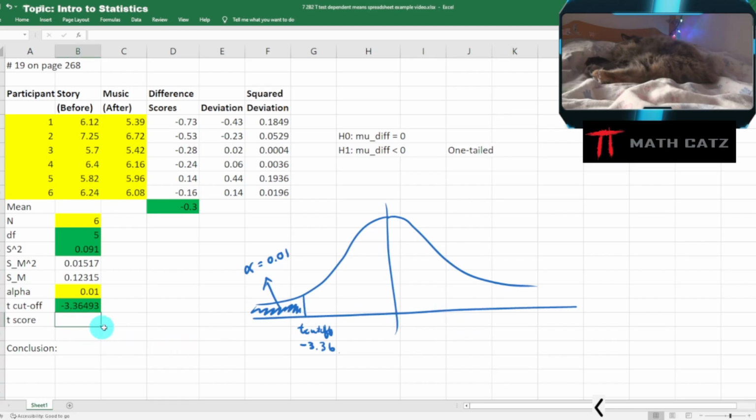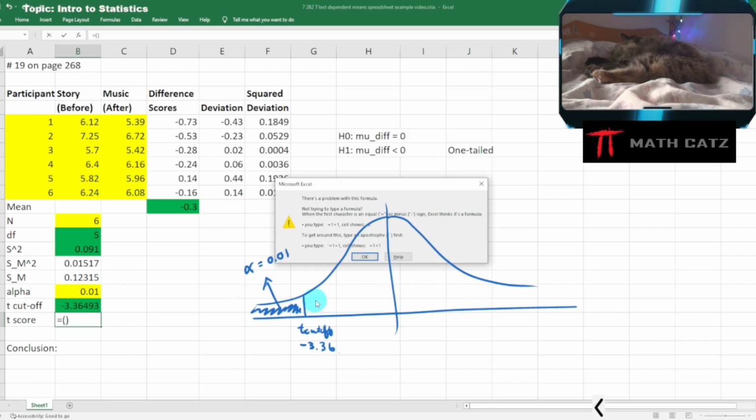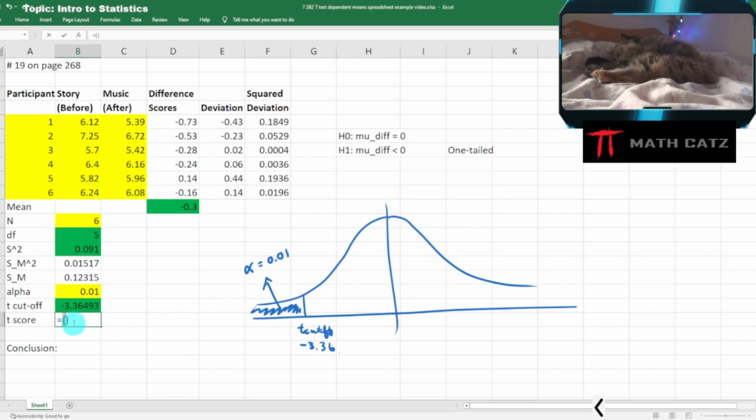Now I need to calculate my observed t-score. So let's start our calculation. I wanted to press the back arrow to go into my brackets. It doesn't like that. I'm taking the observed mean difference, and I'm subtracting the population mean under the null hypothesis, which is 0.